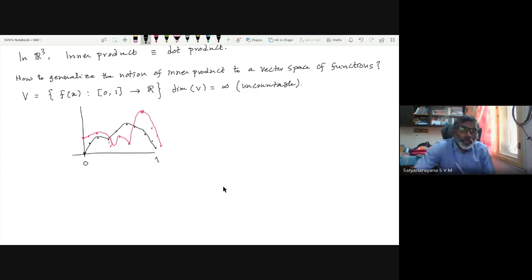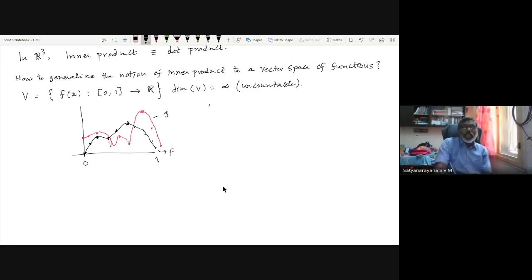Because between these two points, this function might have gone to infinity and come back. I have no idea. If I have only these discrete points, at points where I have no information about the function, I will not know what the value of the function is. So the solid line that I am drawing is just my guess. Let us call this black fellow f and this red fellow g.